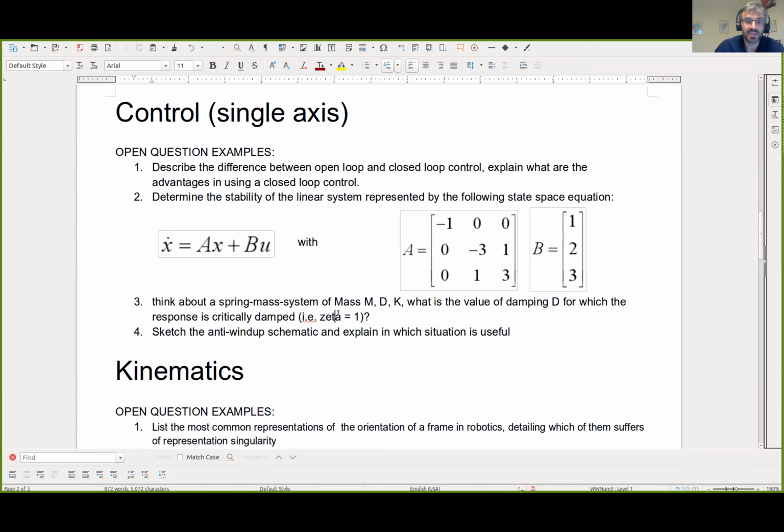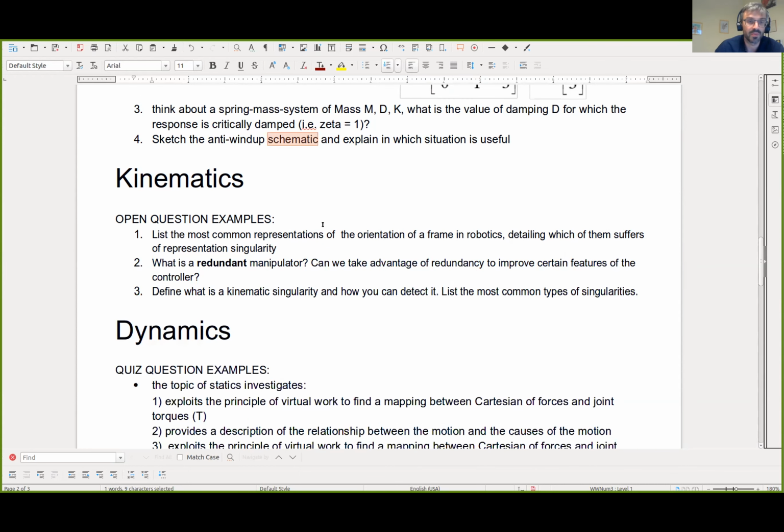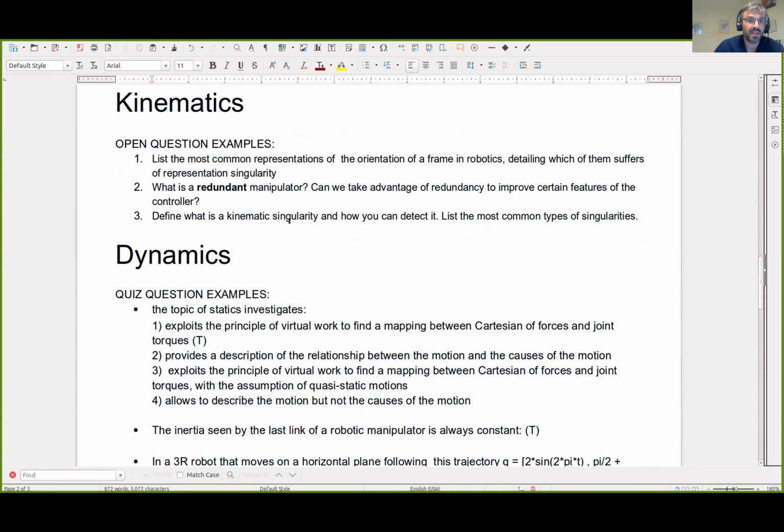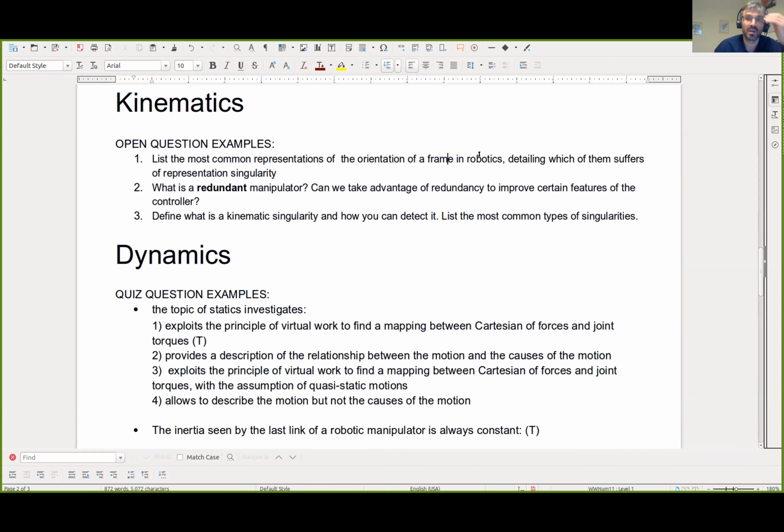You remember the formula, just apply the formula 2 square root of KM. Then sketch the anti-windup schematic and explain in which situation it is useful. It's another open question.